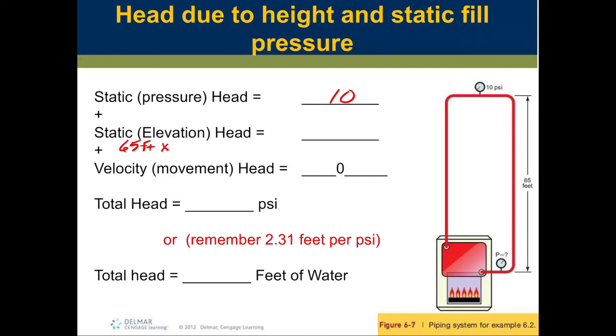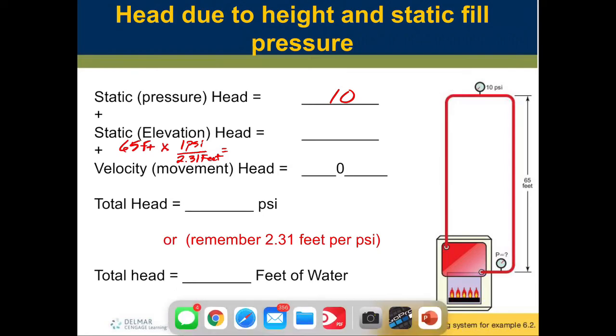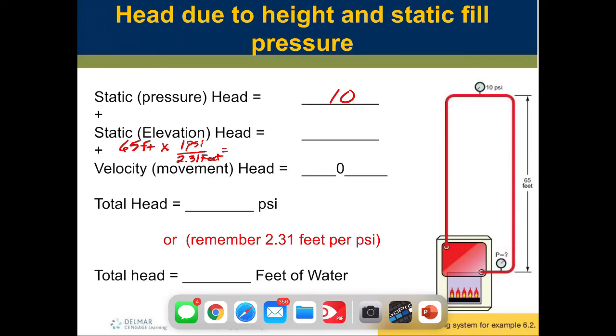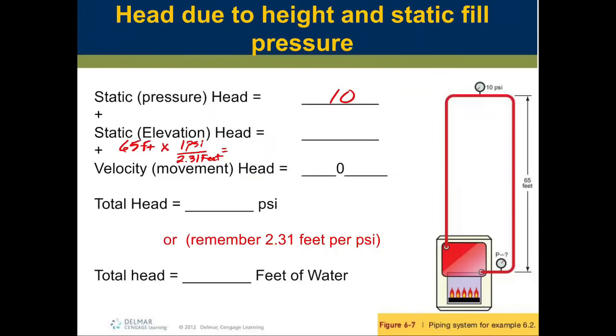It's actually going to be 65 feet, and we're going to take that times, to figure out my PSI, every 1 PSI is equivalent to 2.31 feet. Now the textbook in your book may have used 2.307. You can do it this way, and that will determine your system pressure.